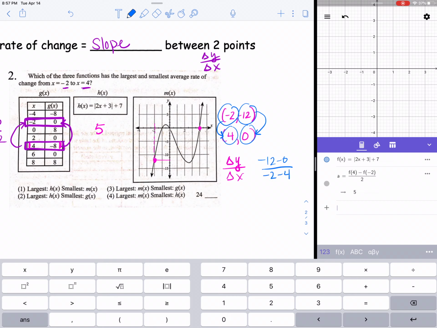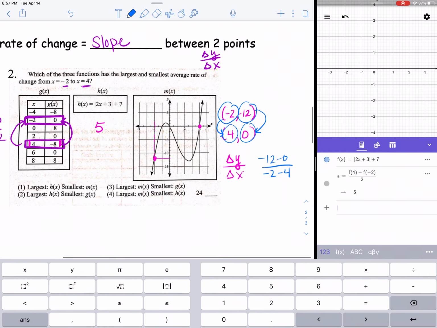Having the second number positive makes it easier that you don't have to deal with the double negative, though it would make it addition rather than subtraction. So -12 minus 0 on top, or you could just plug this whole thing in the calculator, just hit the division symbol first. -2 minus 4, -6, which is 2.